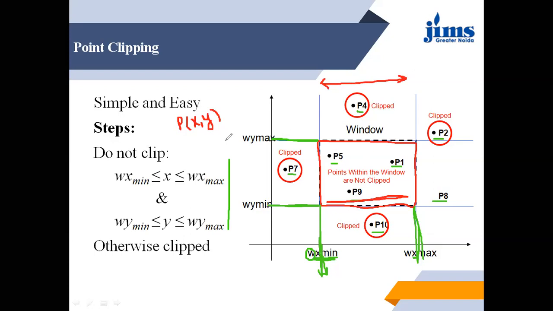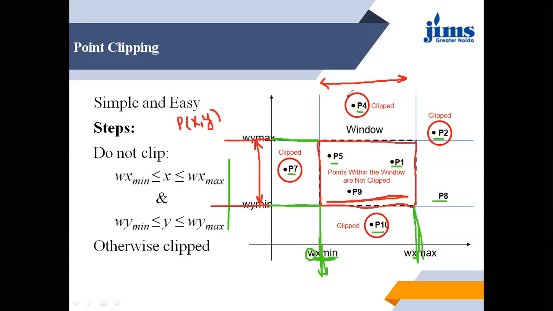And when the point lies between these two values on the y-axis, then the point lies between these two values of the y-axis. So we can check that the point is inside.